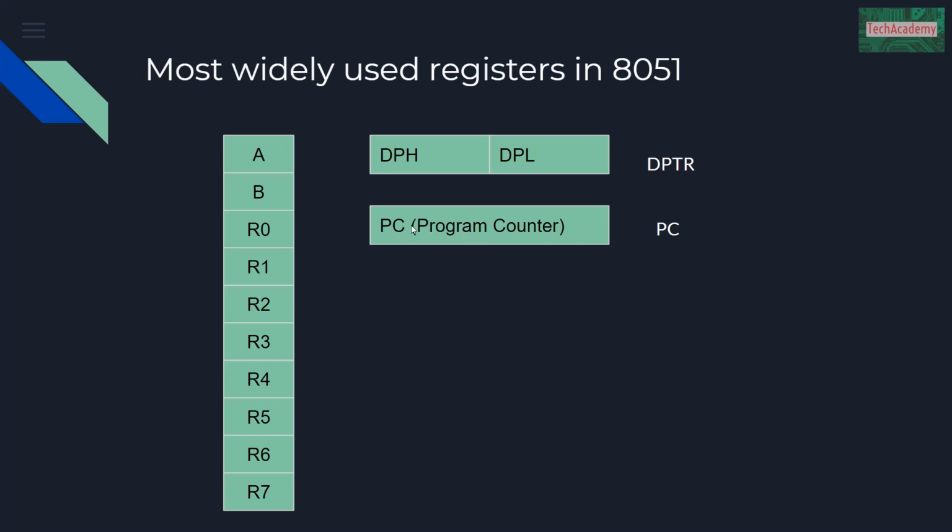Okay, so this program counter generally holds the address of the instruction which is to be executed next. This register is mostly accessed by the CPU of 8051. Okay, so these are all the most widely used registers in 8051.